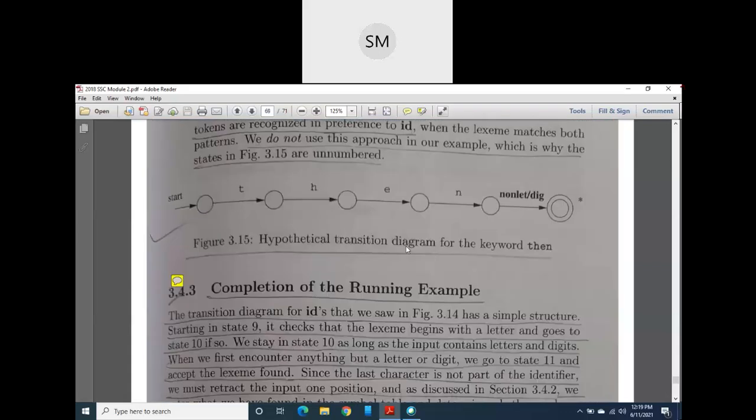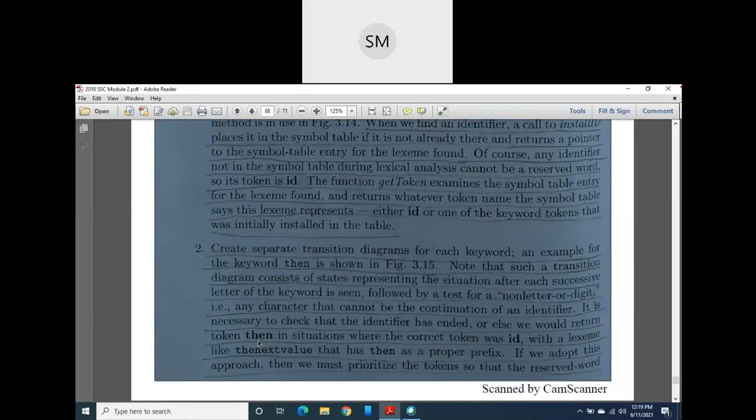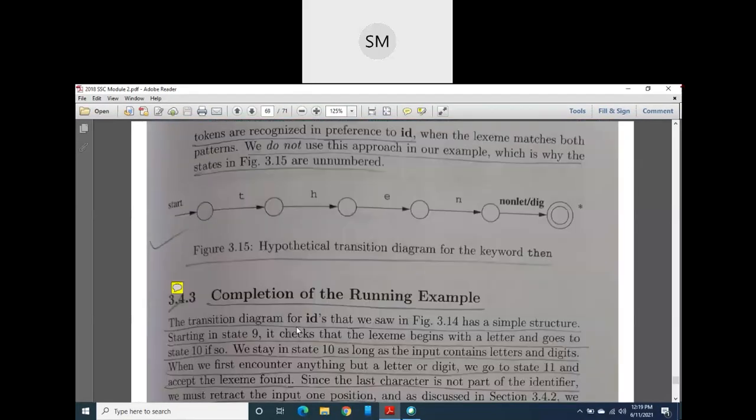So like this, it will make a differentiation between keyword and identifier. One more, second option is, for every keyword you keep drawing a transition diagram, for example for the keyword THEN. You should write a transition diagram like this for each and every keyword. Then after the last character of your keyword, you have to make one test: after the last character scanned, after n, is there anything here?